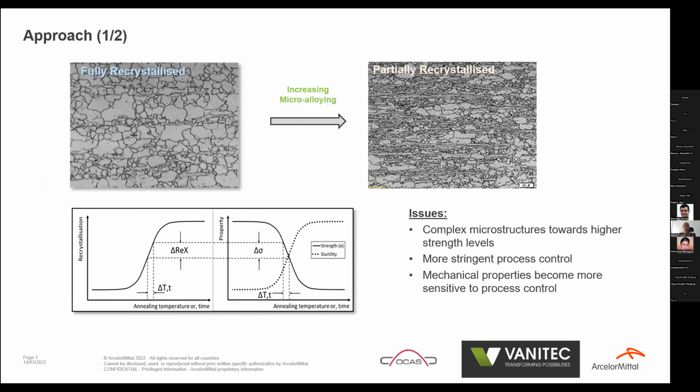Now, what is the reasoning and the background of this? Cold rolled steel is, as already mentioned, annealed afterwards to normally get a fully recrystallized microstructure, but we want to target more complex microstructures towards higher strength levels, with, of course, a little bit of ductility lost.